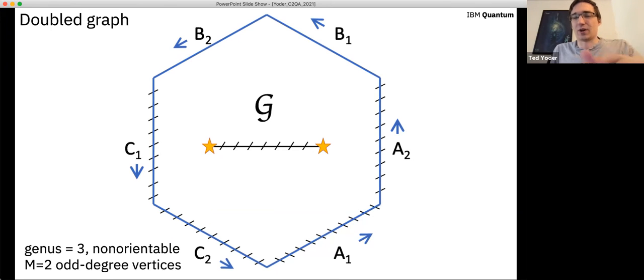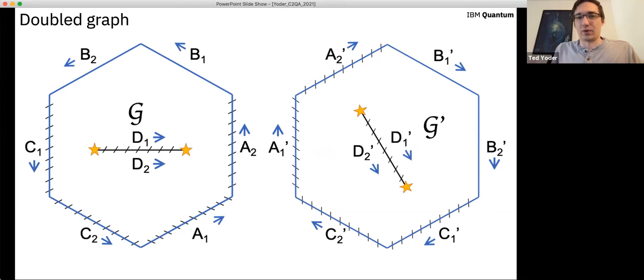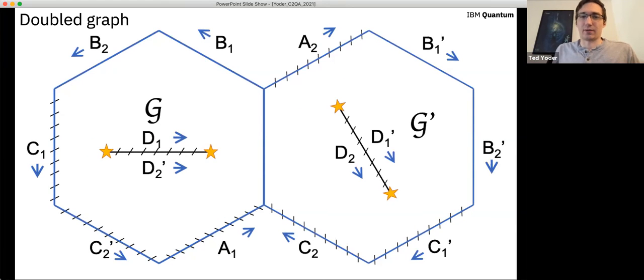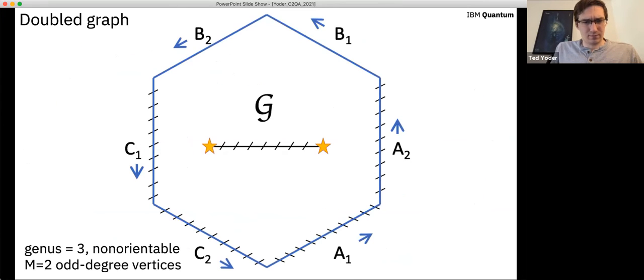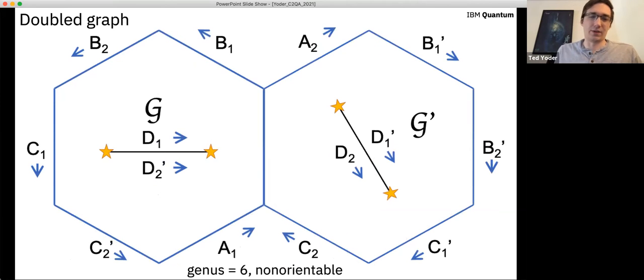You cut along every defect line, you take two copies, you join them together, and then you identify edges appropriately. If you started with a genus 3 non-orientable surface, you end up with a genus 6 non-orientable surface.